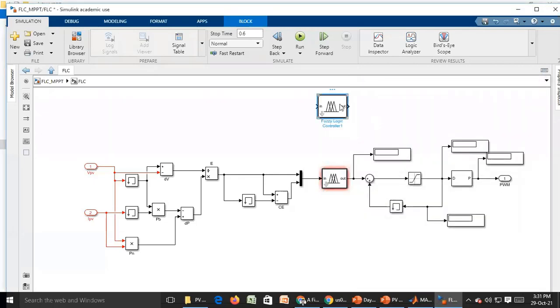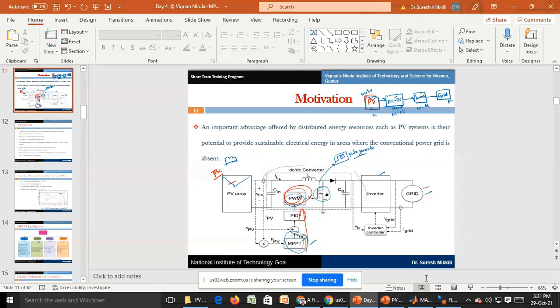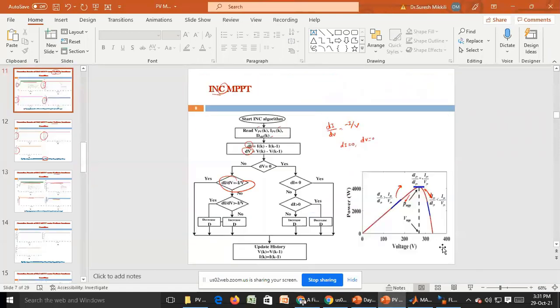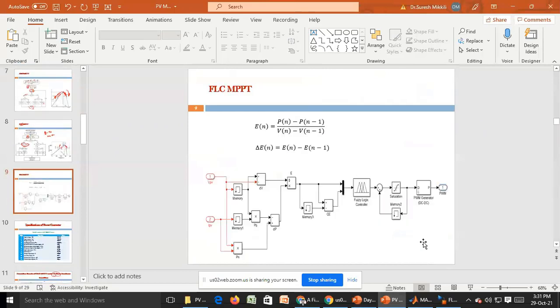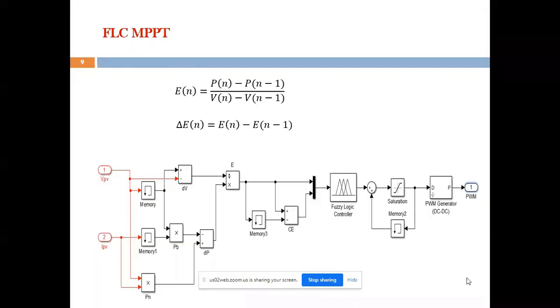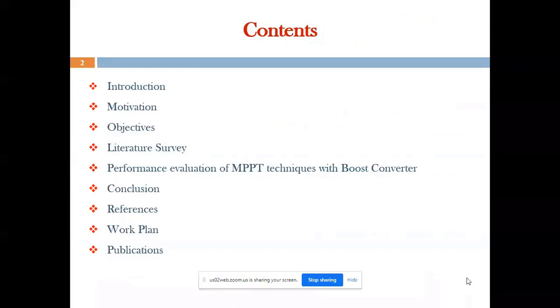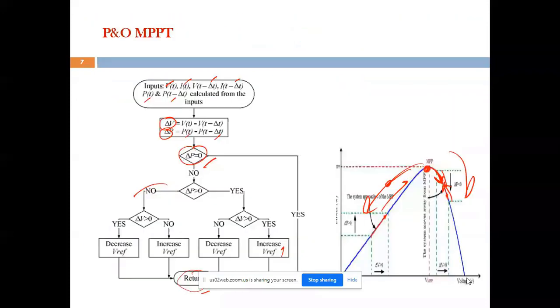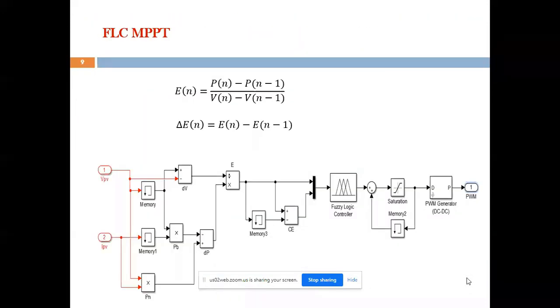For that, what is required is error and change in error. What type of error are we taking? Try to understand. First I have to trace and show you the diagram. You observe here. From the PV, VPV I have taken, and from the PV, IPV I have taken.